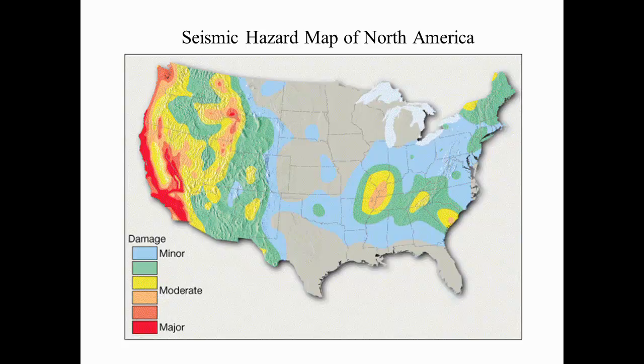The greens and blues, minor earthquake damage. We fall within the gray region, so we don't really have to worry about earthquake damage to any great extent. But anyway, this is just something else that paleoseismology allows us to do.